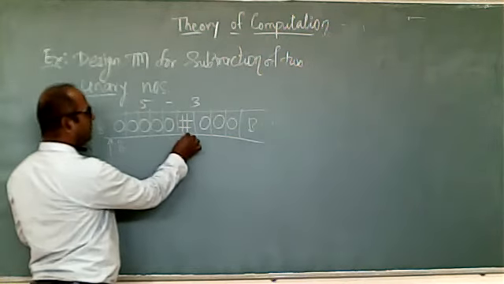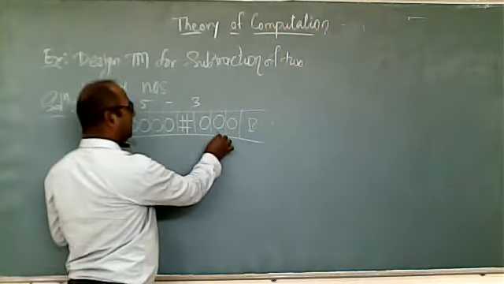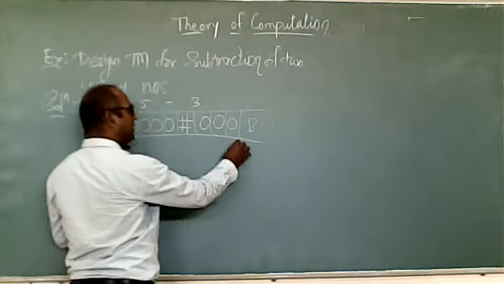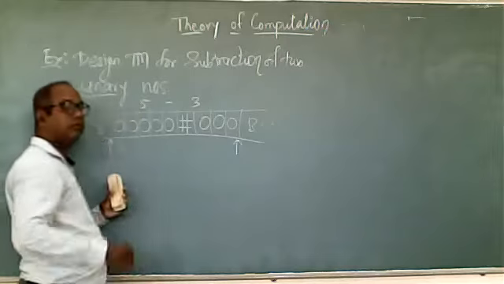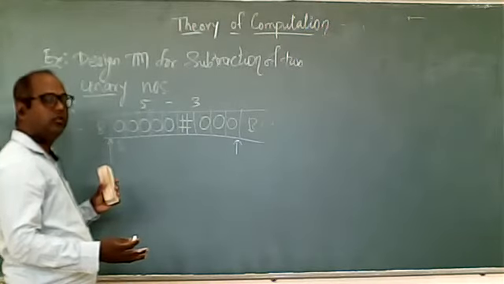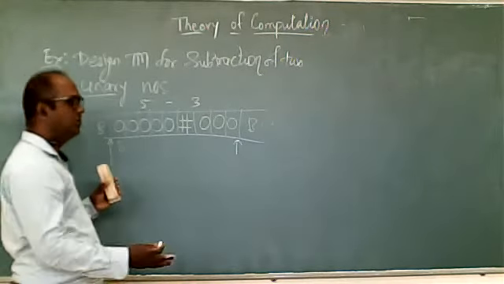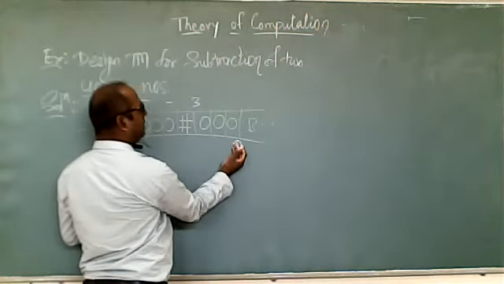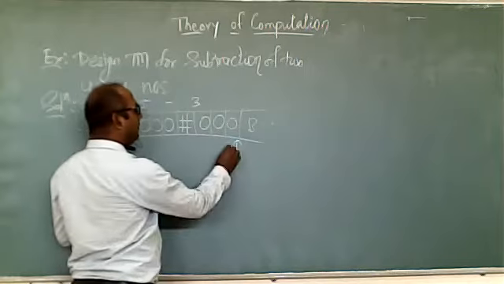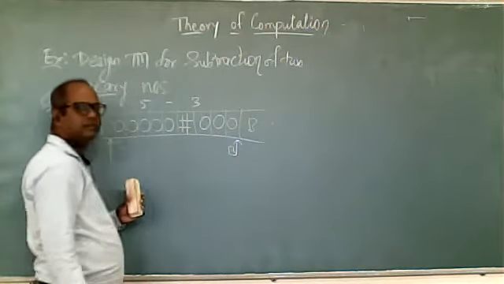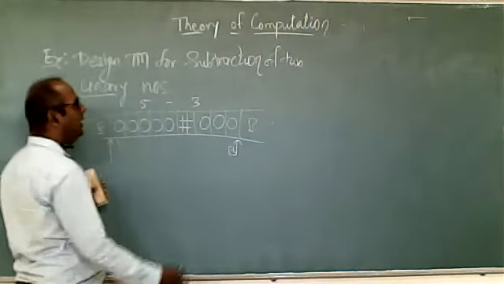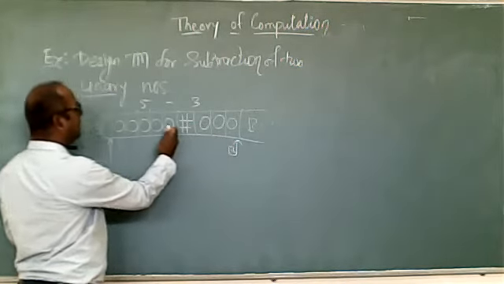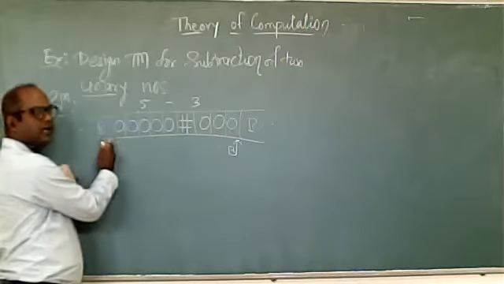Skip everything: skip the hash, skip the zeros. When we get the blank, we turn left, because we already know the logic of finding the rightmost symbol. This 0 will be made blank. Again move left, skipping everything until the blank.